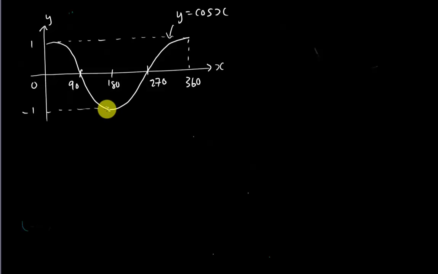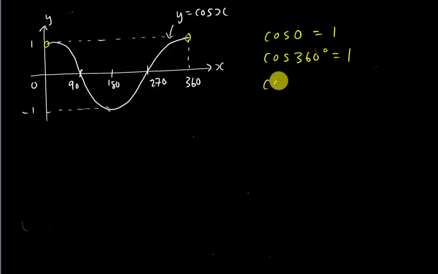Same thing, one cycle is 360, so you see from 0 to 360. The maximum is 1, but over here you have two values where you will get 1, which is cos 0, you get 1, and cos 360, you get 1.